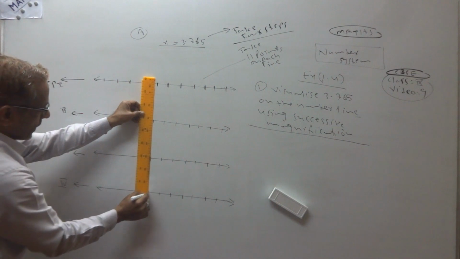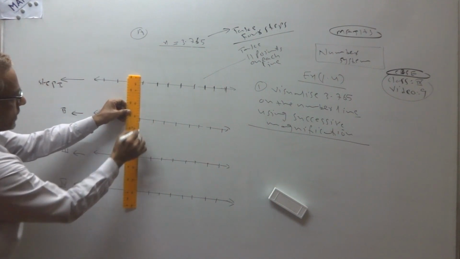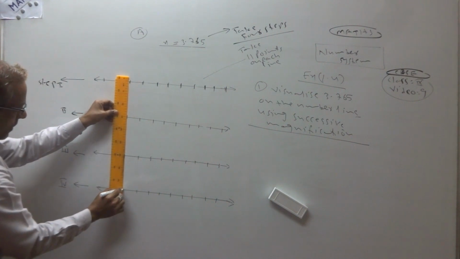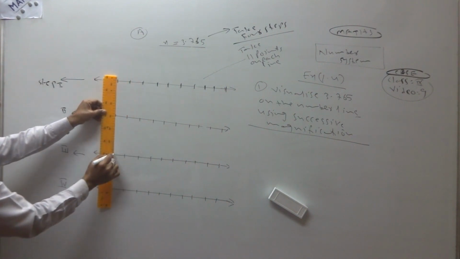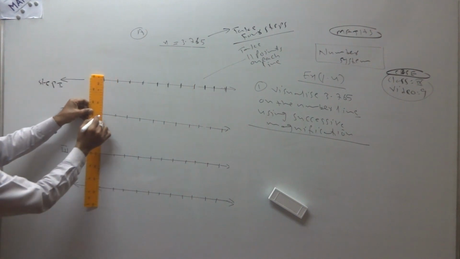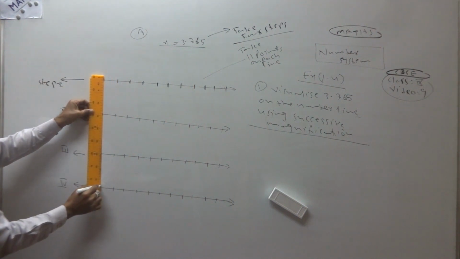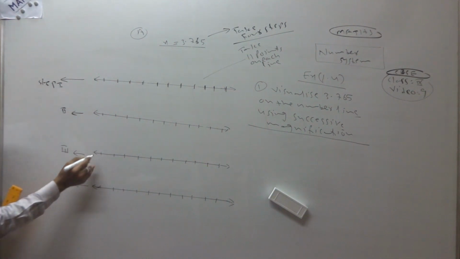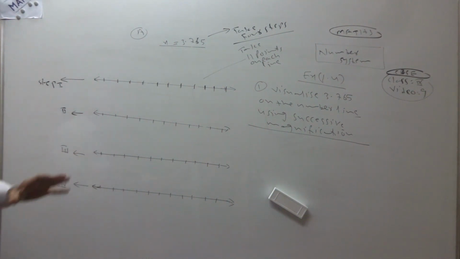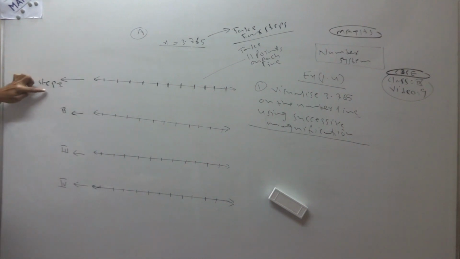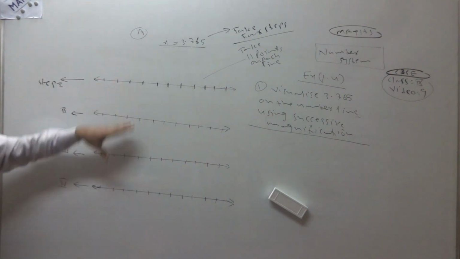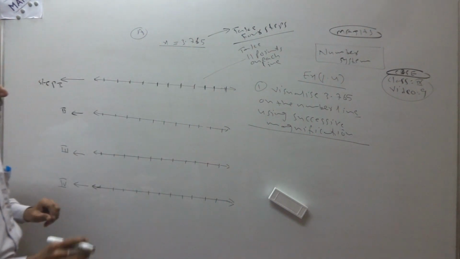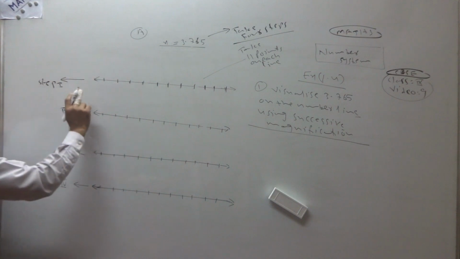First you have to do this work. Clear? Because this is a 4-mark question, otherwise a 3-mark question. That's why on each line, step 1, step 2, step 3, 4 steps, because after the decimal there are 3 places.